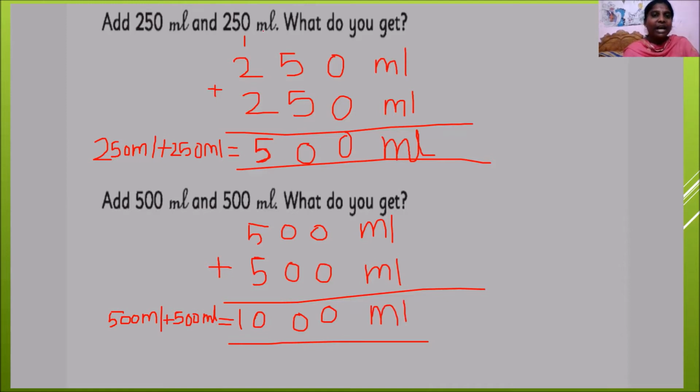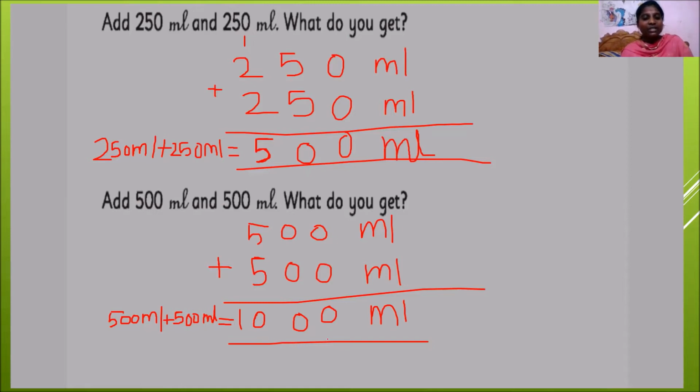Add 250 ml and 250 ml. What do you get? When we are adding 250 with 250, we get 500 ml. When we are adding 500 ml with 500 ml, we get 1000 ml.